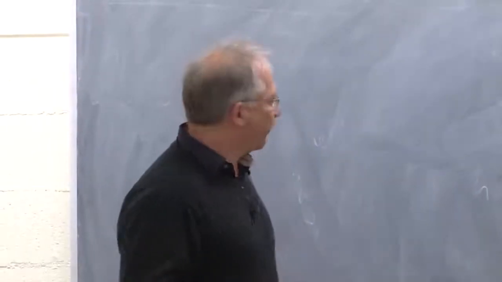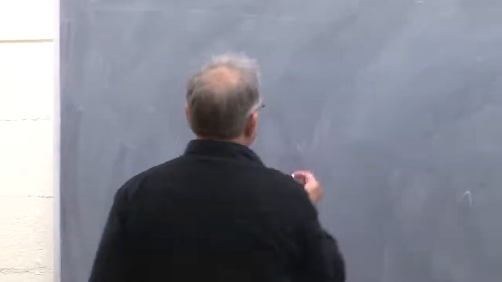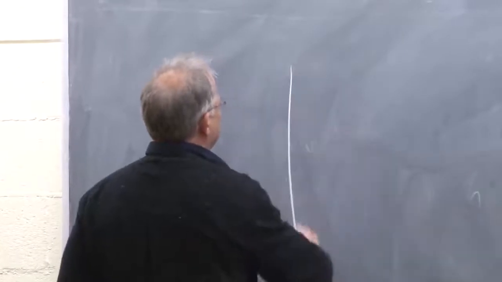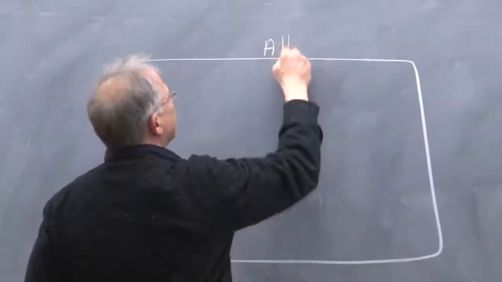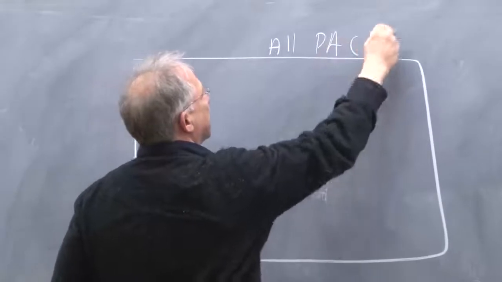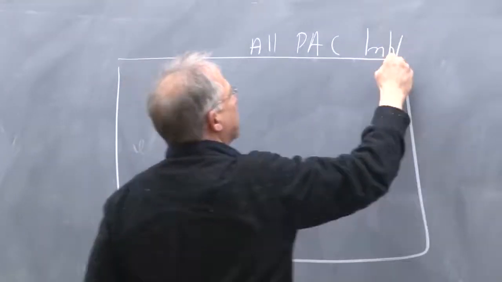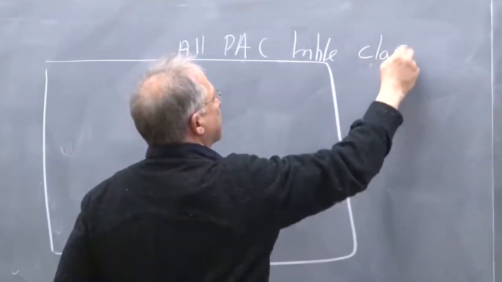So if I try to draw a diagram of what we know so far, we have the notion of PAC learnable. Say this is the set of all PAC learnable classes.